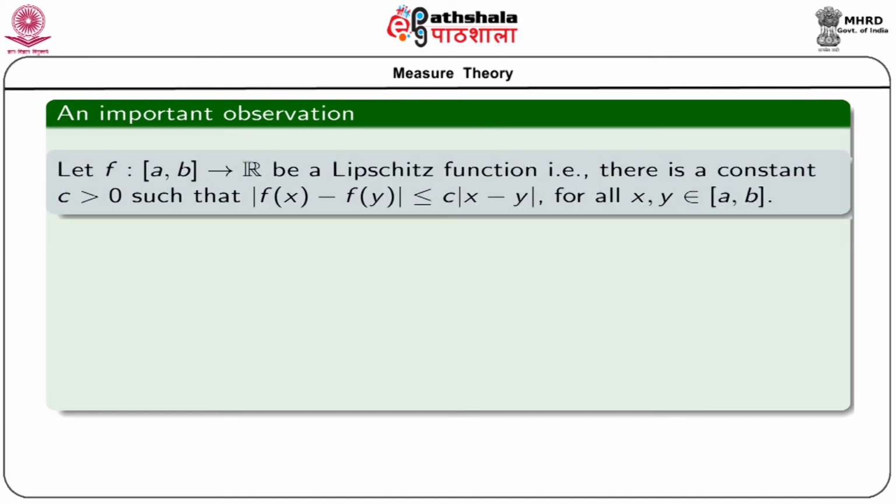Let f from closed interval a b to R be a Lipschitz function, which means that there is a constant c greater than 0 such that mod f x minus f y is always less or equal to c into mod x minus y, and this is true for all x, y belonging to closed interval a b.